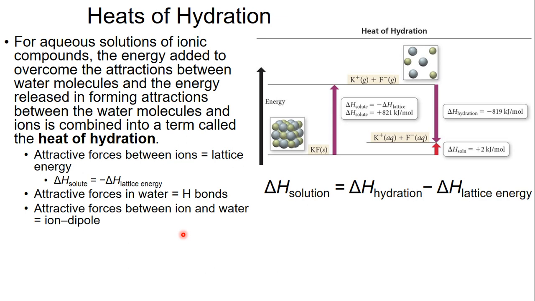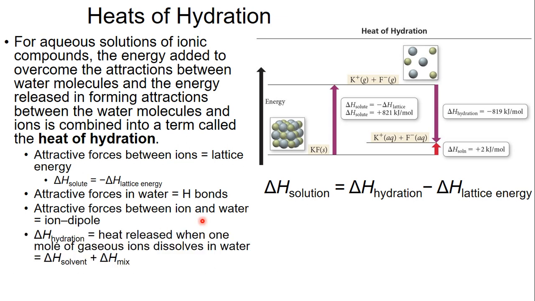Now, when ions and water interact, they have favorable ion-dipole interactions. The heat of hydration is the heat released when you put 1 mole of ions into water. So here on this plot, we have breaking apart our salt. We have breaking apart our water as well. We combine those with water, and that will always be a favorable interaction because you are forming new ion-dipole interactions, and the energy from your ion-dipole interactions we call delta H hydration.